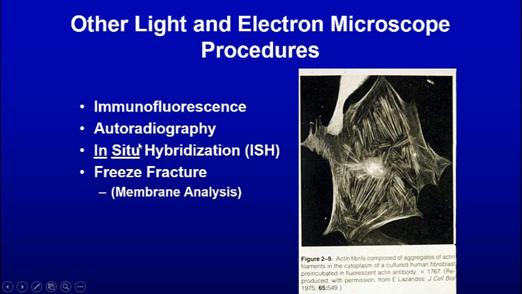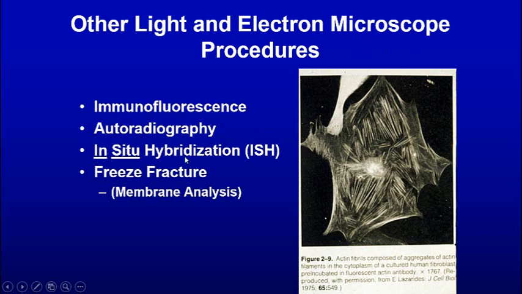Then autoradiography is where if you would use radioactive sugar in a cake, then the cake would be radioactive. So in this case, you feed the cell something radioactive, precursors, and then it's incorporated in the protein.